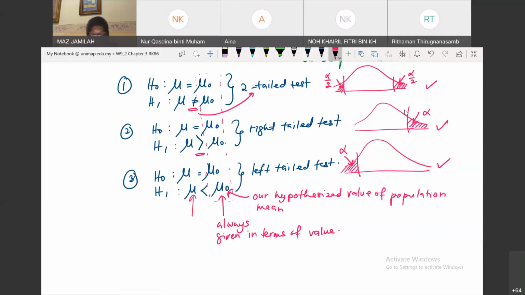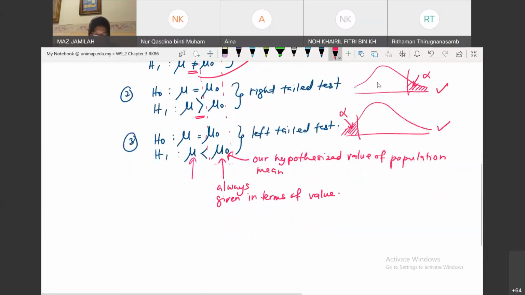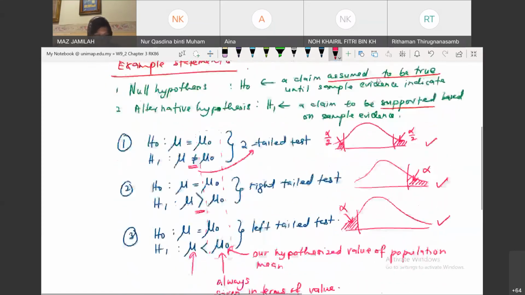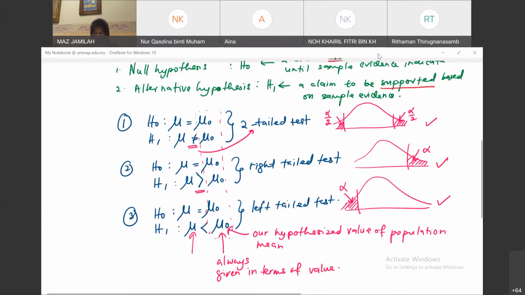So these are among the fundamentals about hypothesis testing that you need to understand. There will be critical value, Z alpha over 2, Z alpha, finding the Z value. All that will be included in your procedure of making a decision for your hypothesis testing.